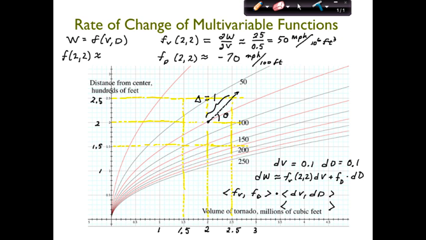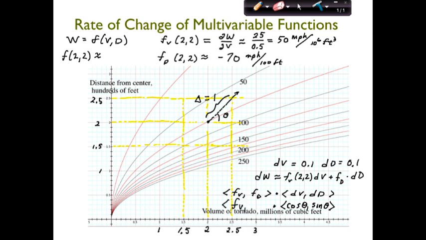The x coordinate would be cosine theta, sine theta, right? So if I made my change cosine theta and sine theta, that would force this to have a magnitude of 1, and would force my dw to have the same value as the rate of change, because I'm changing by a length of 1. Blank stares.